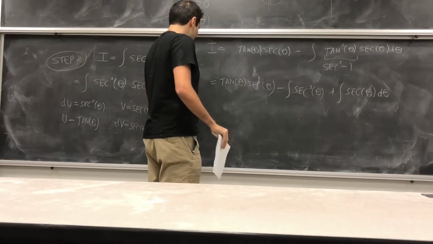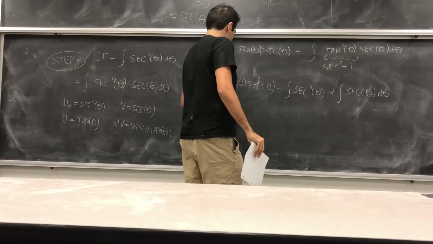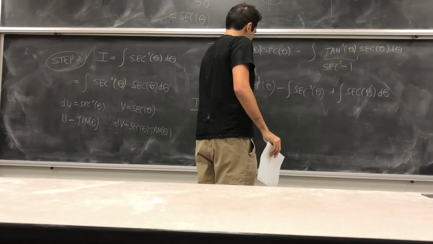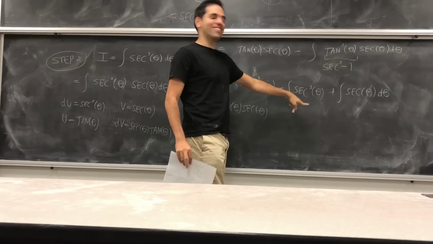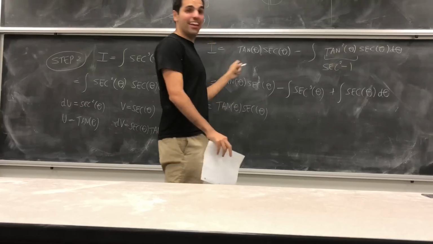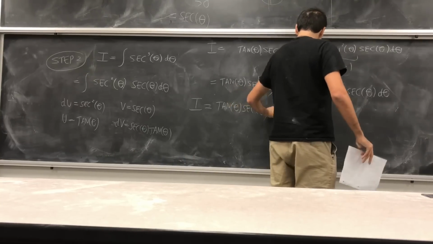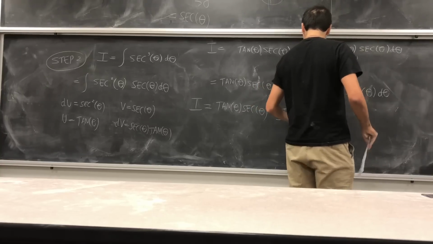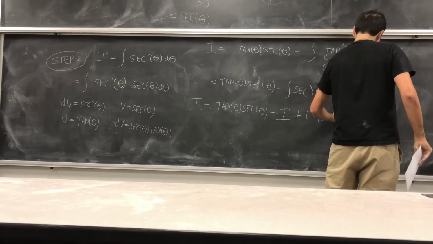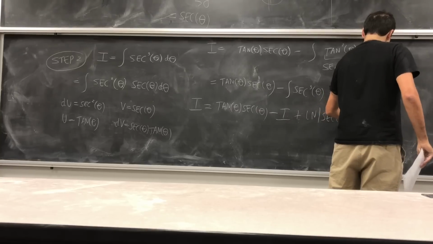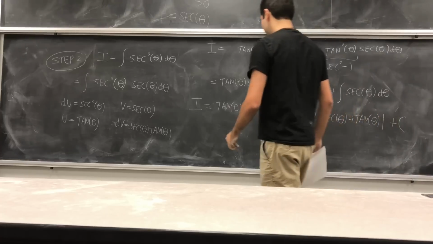So what do we have? I equals tangent theta secant theta. Oh, what do we have here? This is the same as I. Remember, I was the integral of secant cubed. So minus I. And then this you can evaluate. So that's ln of secant theta plus tangent theta plus a constant.